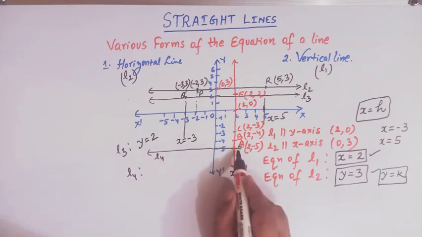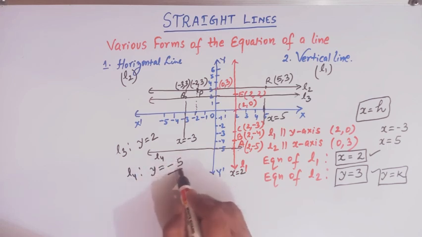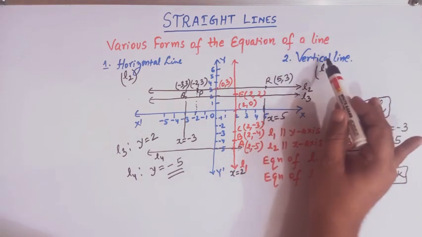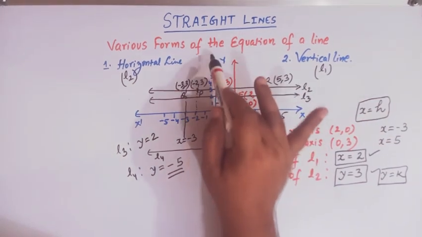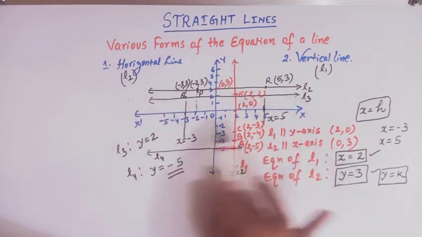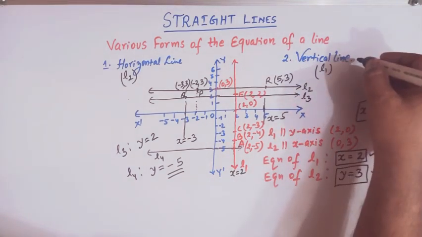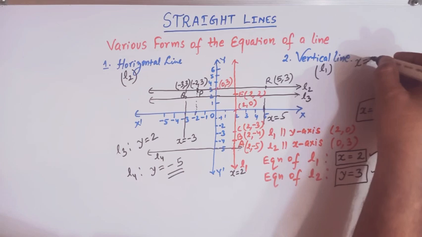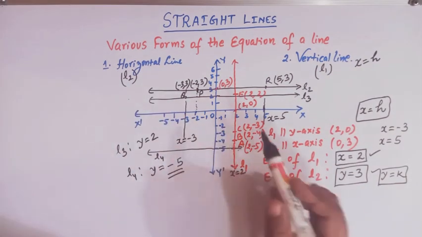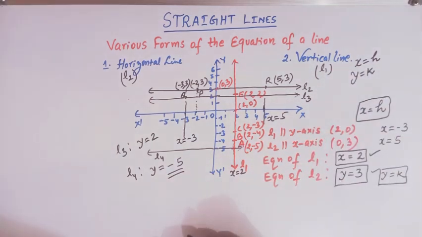Then obviously the equation would be y is equal to -5, right? So always remember, the vertical line is parallel to the y-axis, but the horizontal line is parallel to the x-axis. The vertical line has the equation of the type x equal to h, while the horizontal line has the equation y is equal to k, right?